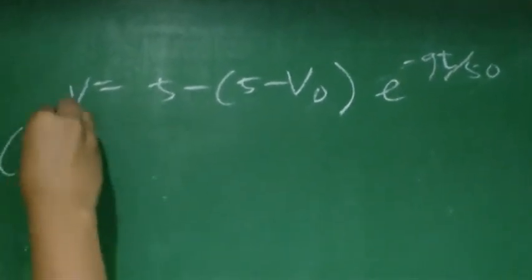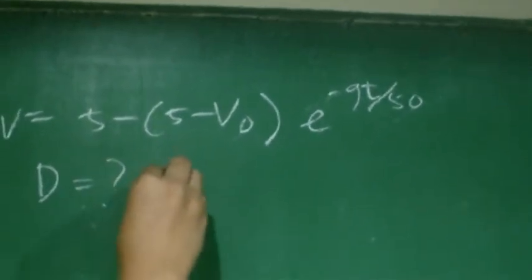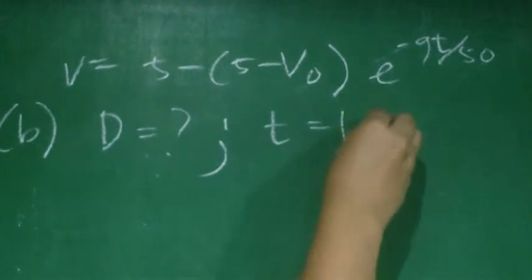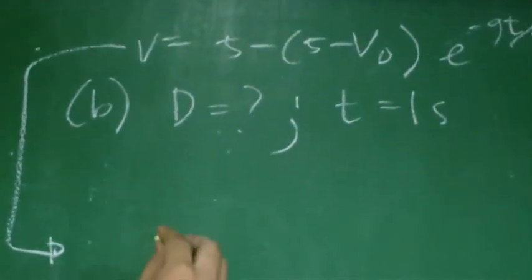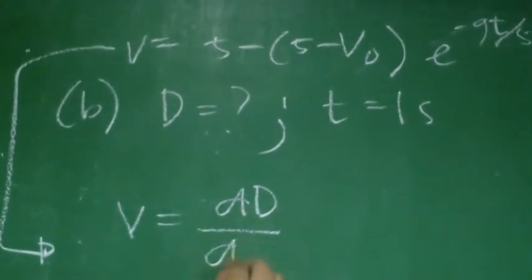Now, the second question is, what will be the distance covered by the sled at the end of 1 second? So from this equation, we recall that v is equal to the change in distance over the change in time.